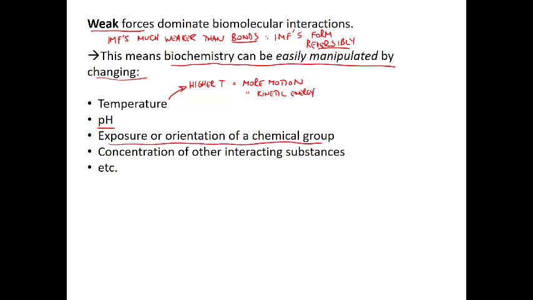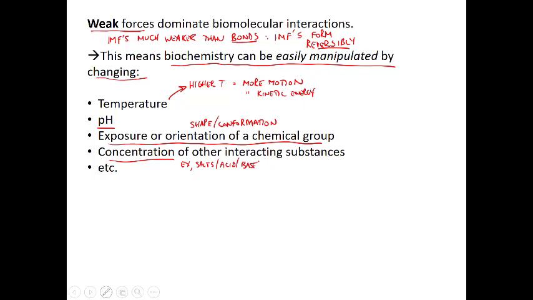Exposure or orientation of a chemical group. So in other words, the shape or the conformation of your molecule can affect the strength of an intermolecular force. And we're going to see examples of that going forward. Concentrations of other substances, for example, salts or acids or bases, can affect the strength of your intermolecular forces as well.